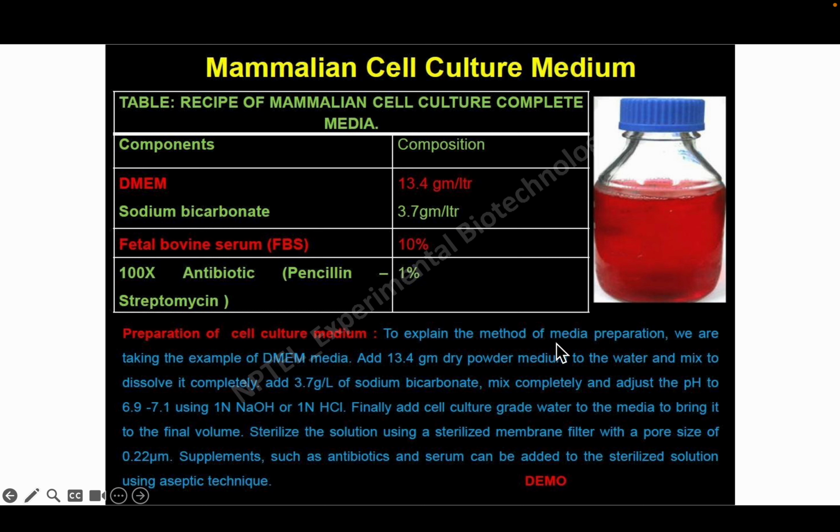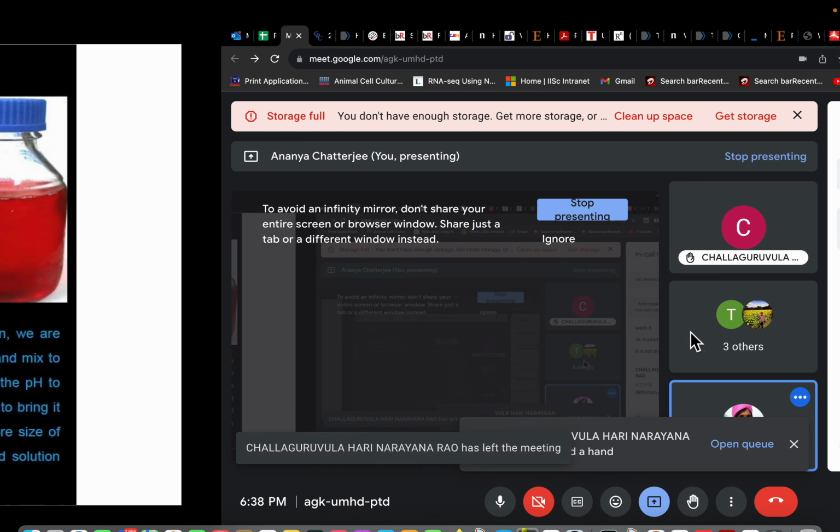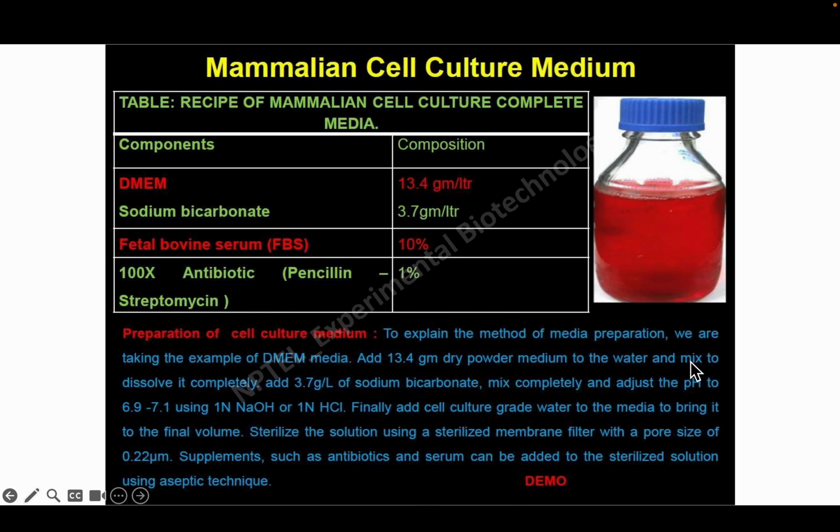To explain the method of media preparation, we are taking the example of DMEM media. Add 13.4 gram of dry powder medium to the water and mix and dissolve it completely.